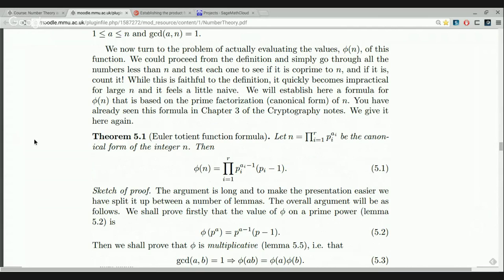The first thing we're going to do is interchange the order of the product operation and the phi. So we're going to say that phi of the product is the product of the phi's. And then we're going to use the fact that phi of a prime power we get by reducing the power by 1 and multiplying that into pi minus 1.